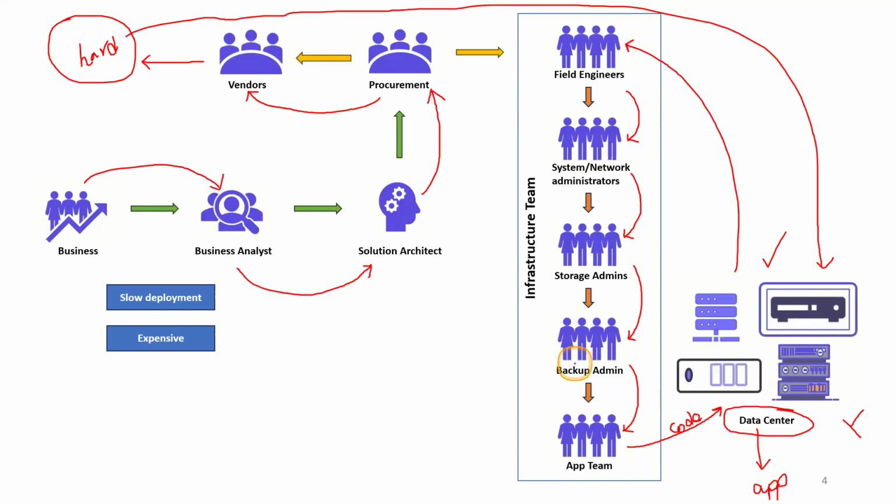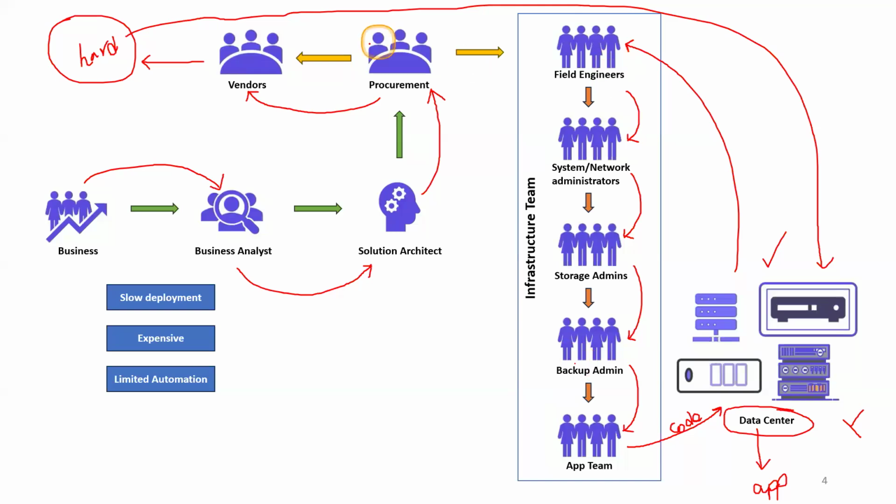And the next thing is that with so many teams working on different activities, some of the activities can be automated, but most of the activities cannot be automated at all. Look here. The work that the field engineers are doing cannot be automated. The rack and stack cannot be automated.